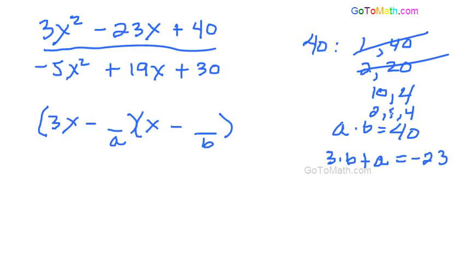What are all the possibilities here? It seems like we're going through them. 2 and 5, 10 and 4. Okay, wait a minute. 8 and 5.